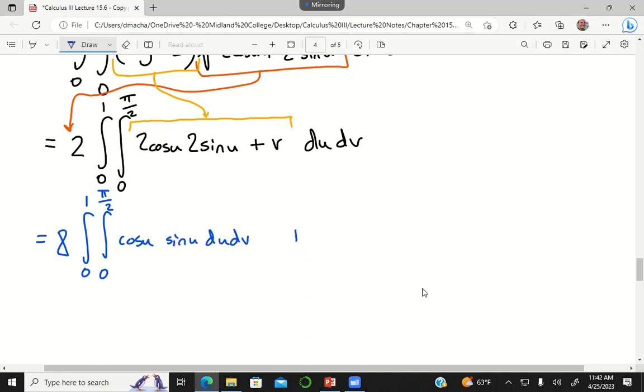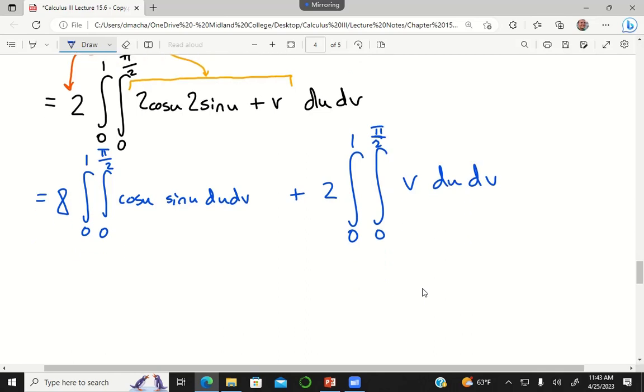And then now we can write plus 2 times the double integral 0 to 1, 0 to pi over 2 of v du dv. We can do that because of antiderivative additivity and so on.